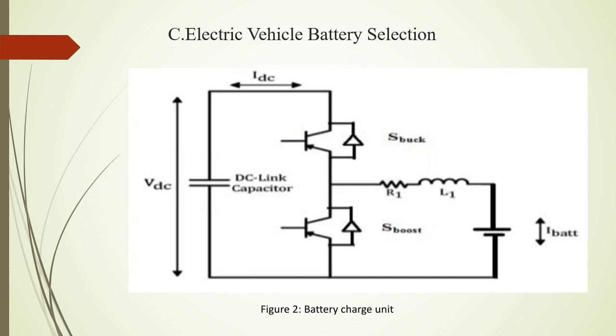The converter output voltage can be either higher or lower than the battery voltage depending on the specific situation. A diode is connected across each IGBT so that our output is sinusoidal.